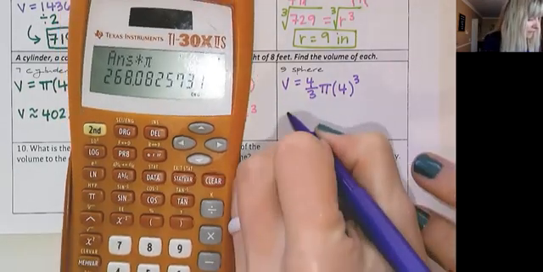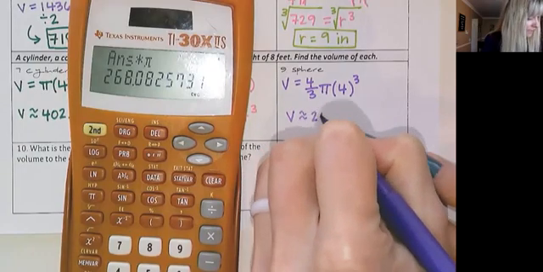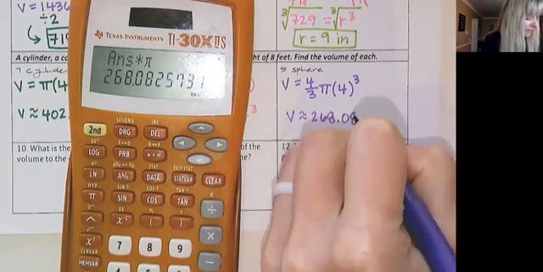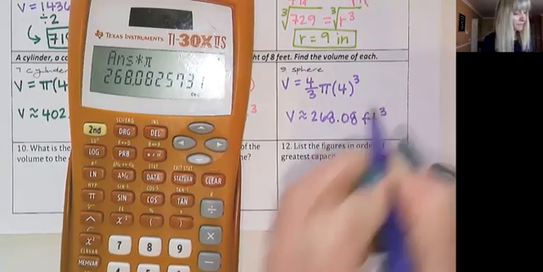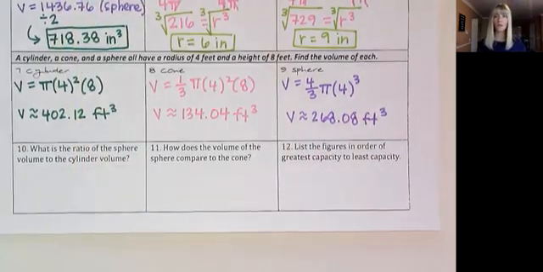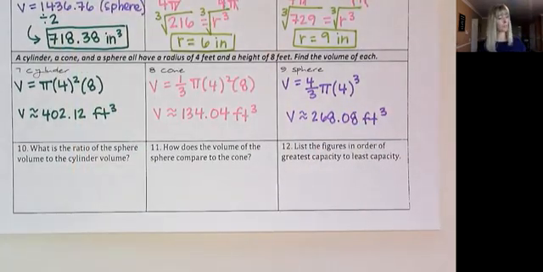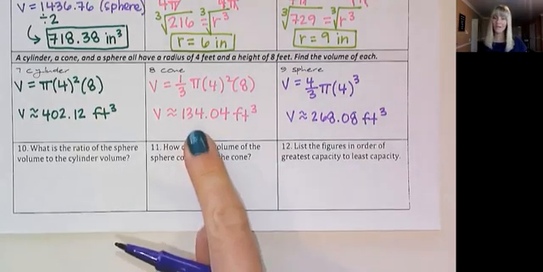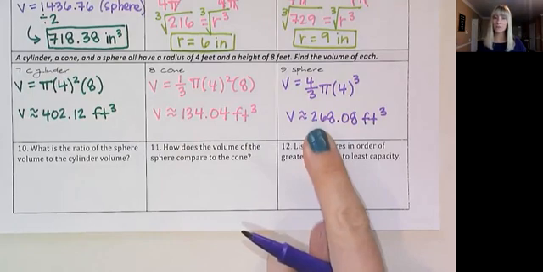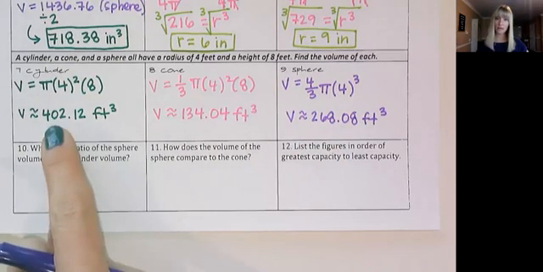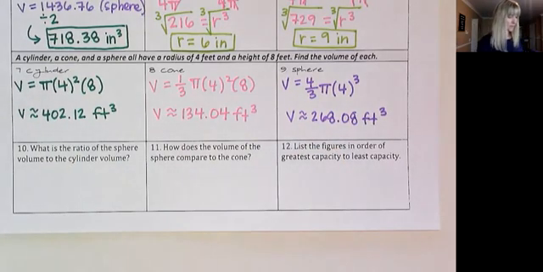The volume of the sphere is approximately 268.08 feet cubed. First of all, which one of these is the smallest? Correct, the cone. Which one is next? Correct, the sphere. And which one is the biggest? The cylinder. That's the order they'll always go in, and we'll use that on the last question here.